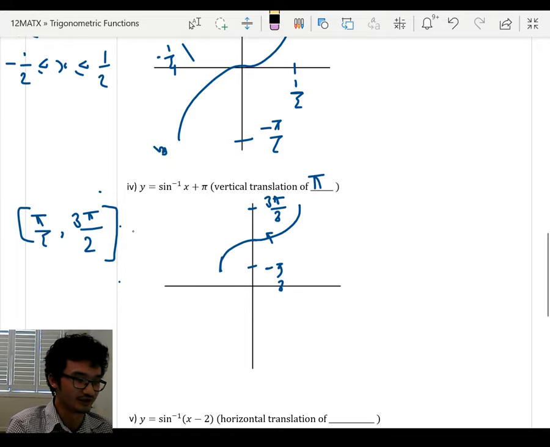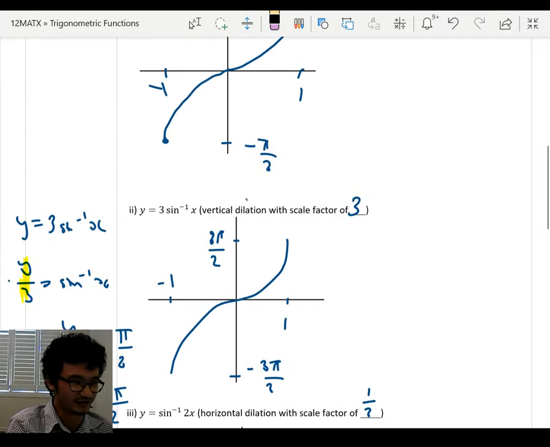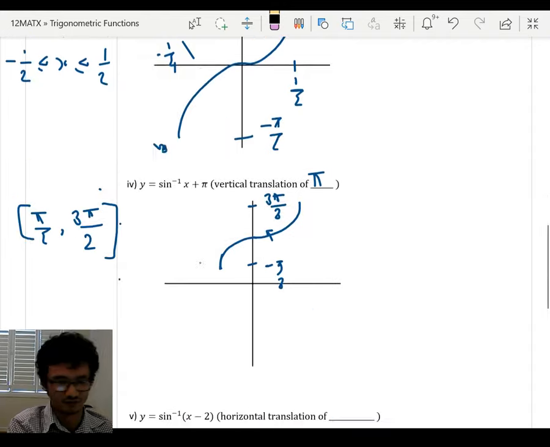I think it's a bit more difficult with the dilations. I prefer to use inequality because it's a bit more algebraic, and I find the approach easier. But I'm sure you can also just think about it as, if it's a scale factor of 3, you're just multiplying the range by 3. So I think it's more of a personal preference thing.